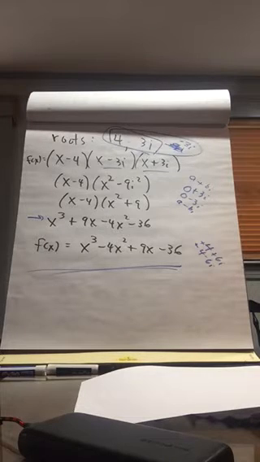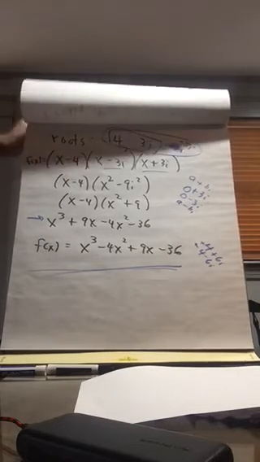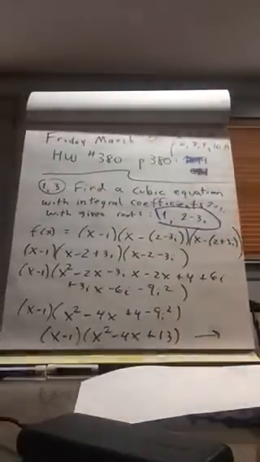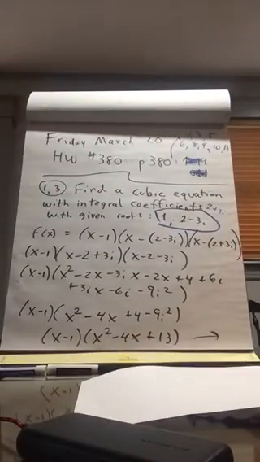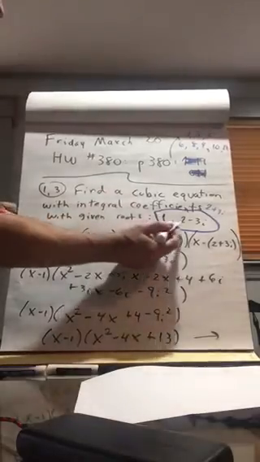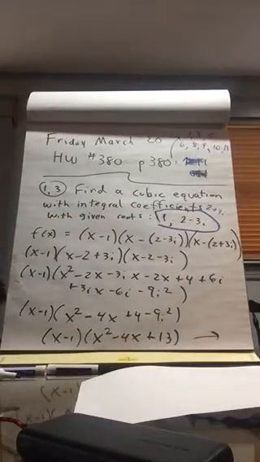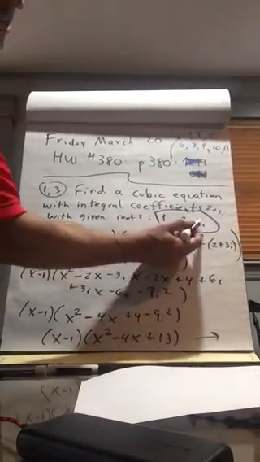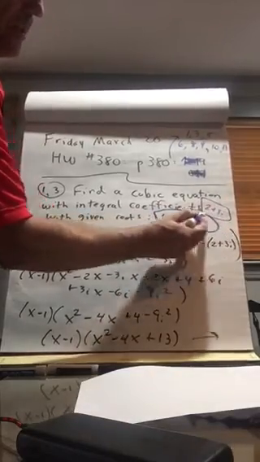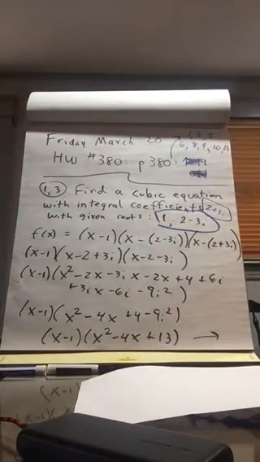Not too bad. Let's go back a page, because the previous one I think is a little more complicated. So in this case, cubic equation, and the roots are 1, and the other root's 2 minus 3i. Well, now we know if 2 minus 3i is a root, then 2 plus 3i has to be a root.